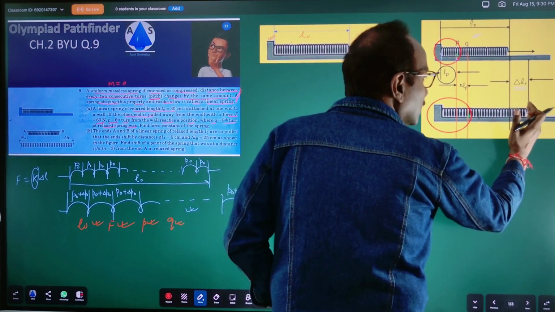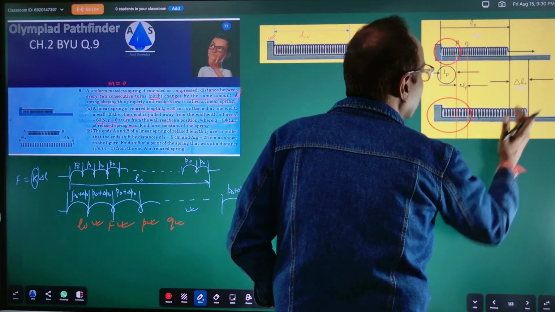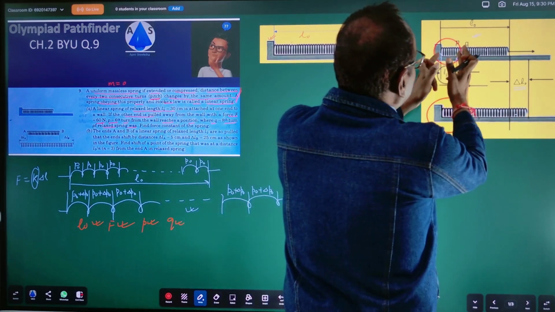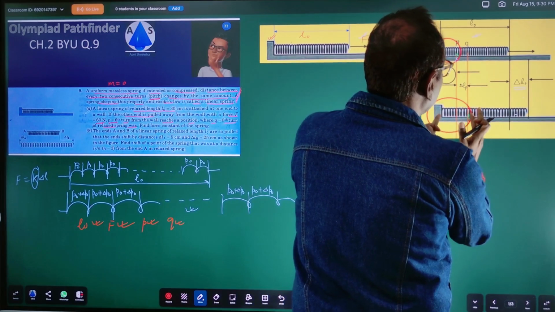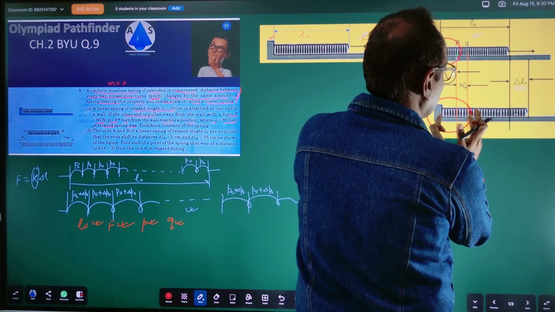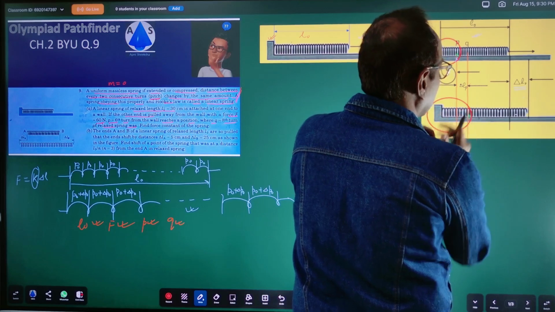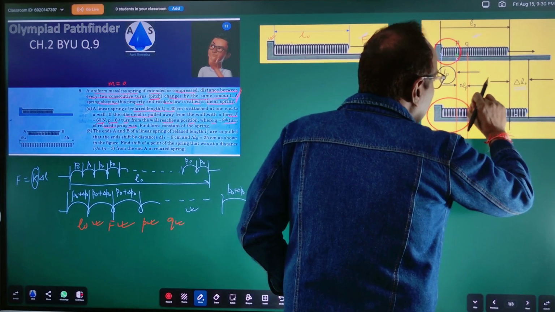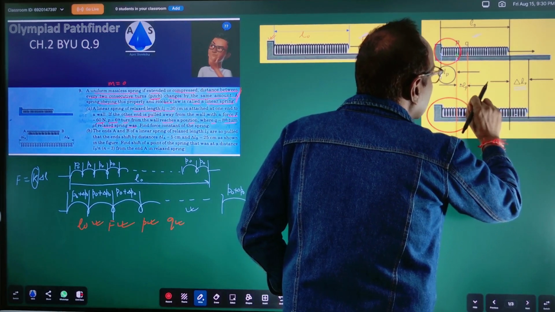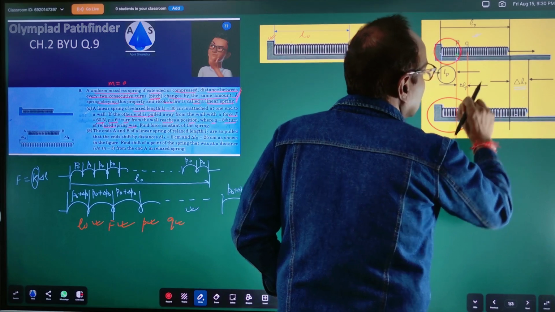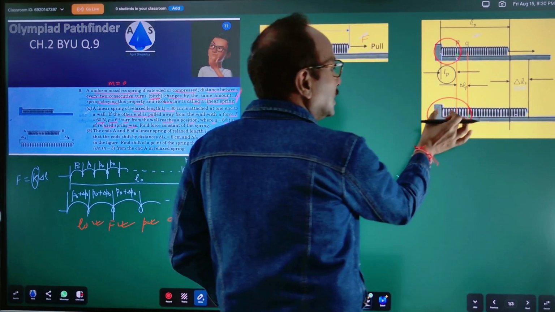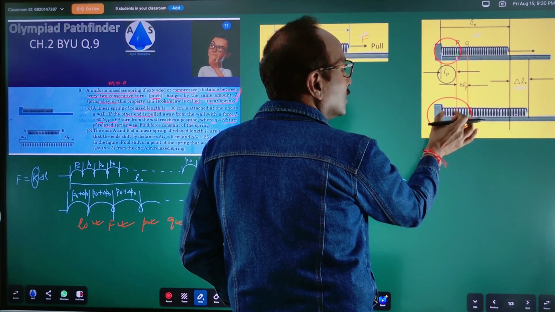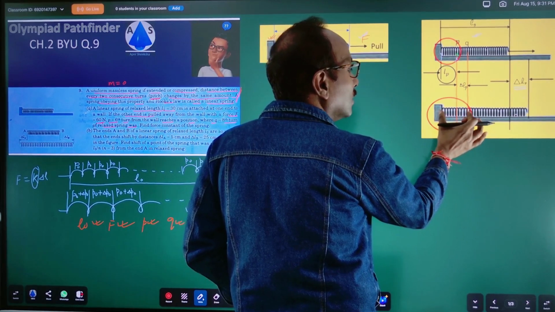So this is the stretched condition. This pth turn has taken the place of the qth turn. Means after stretching, this pth turn has come to this position. So this length which was before stretch has now become this much.